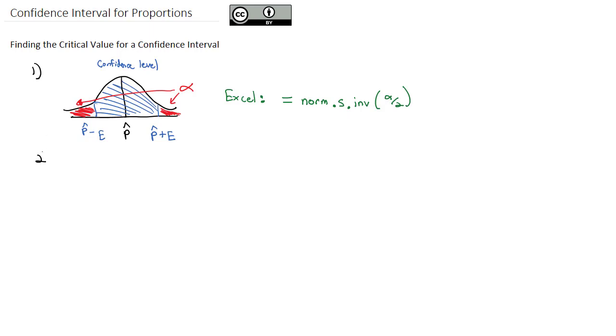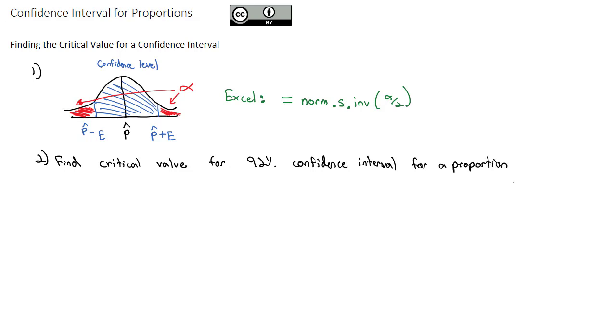So what this looks like with an example is if we want to find this critical value for a 92% confidence interval for a proportion, what we'll do is say, OK, if I were to draw a picture with my sample proportion in the middle, we want to be that sample proportion minus an error to the left, or that sample proportion plus an error to the right.